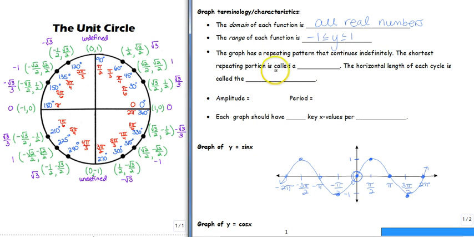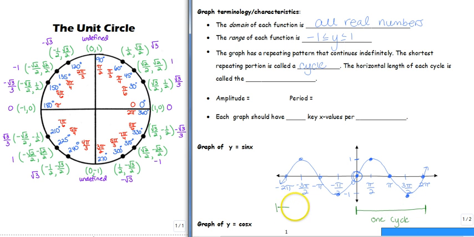The shortest repeating portion is called a cycle. So when we look at our diagram here, from our starting point to 2 pi, that is going to be 1 cycle. When we graph, we're always going to graph 2 cycles.